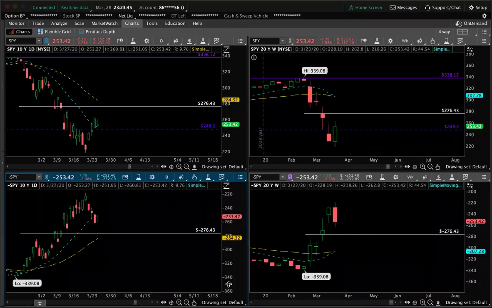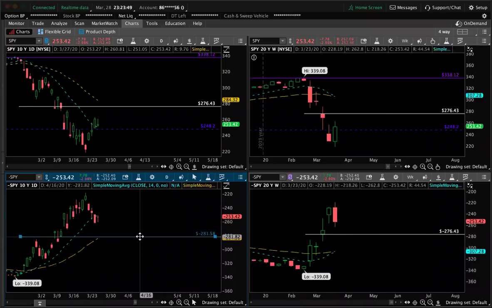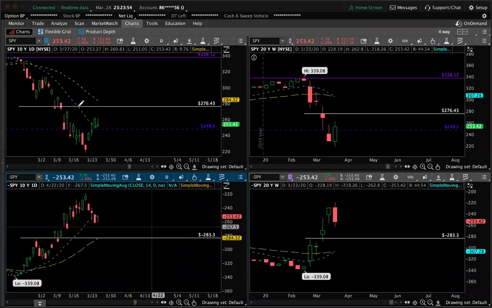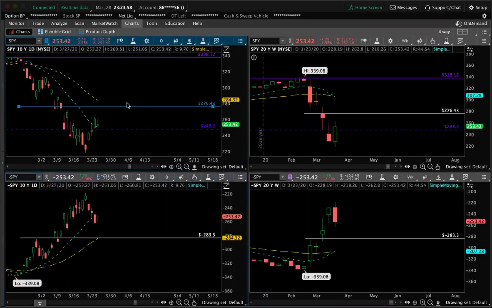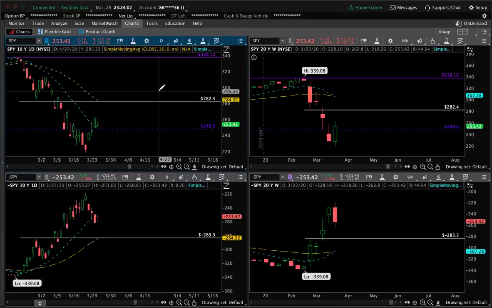All right, so I'm going to move this down just a little bit. I want to actually get it close to our 30 SMA. This is a support level right there, right? And here, this over here, we bring this up. I actually want to just put it exactly where it's at, right there. Okay, so we're going to get a vacuum, and we're going to get the 14 and 30 SMA.